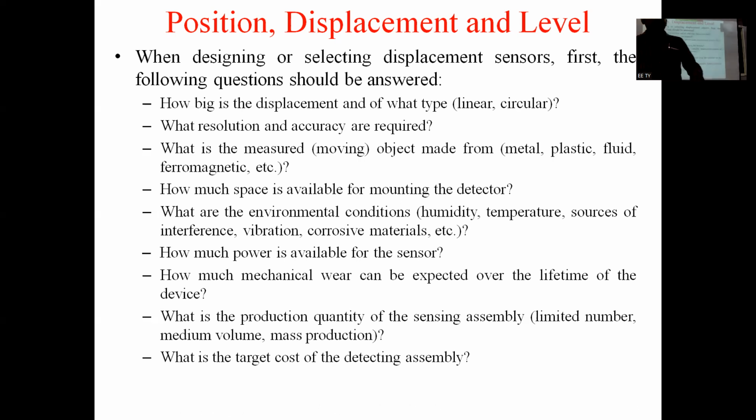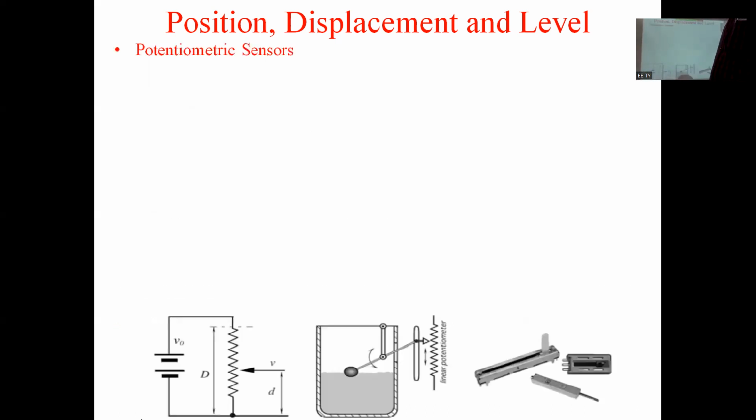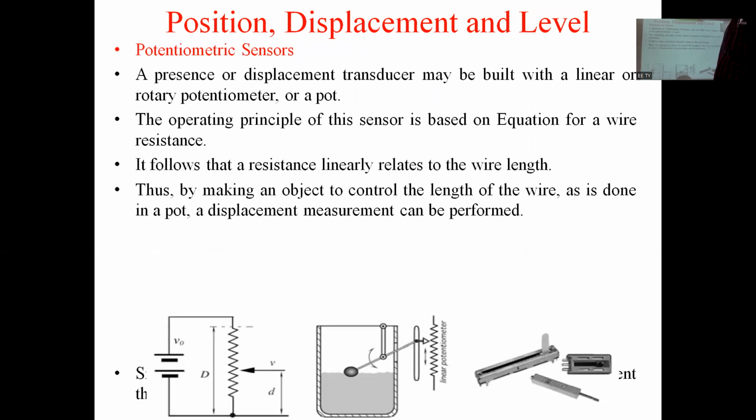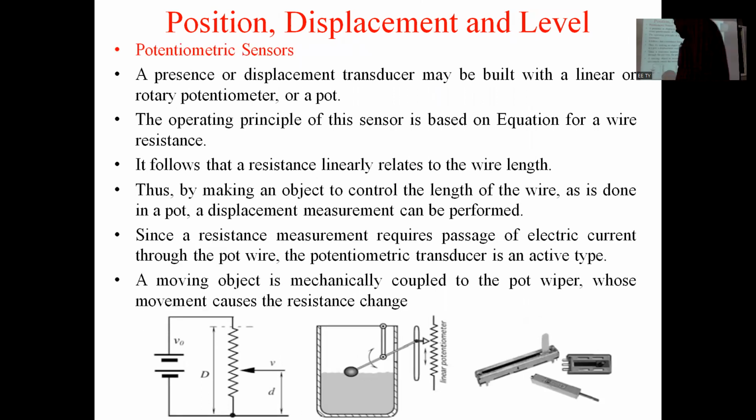Okay, so there are different types of sensor. In that, the first one is the potentiometric type of sensor. What is the potentiometric type? What is a potentiometer? Variable resistance, right?